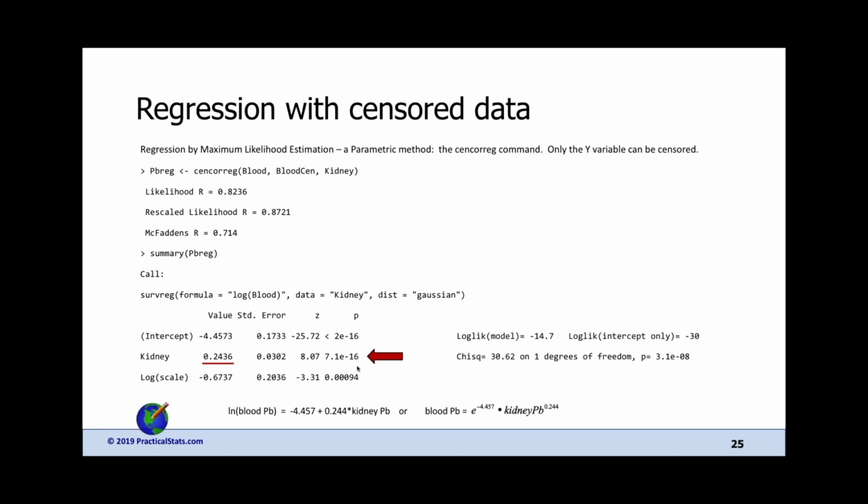It gives you the formula. I put this on the PowerPoint, but here's the formula down below. The log of blood lead has the intercept and slope, and then you can just transform that and get the simple exponential, power type equation, which will look like a curve.